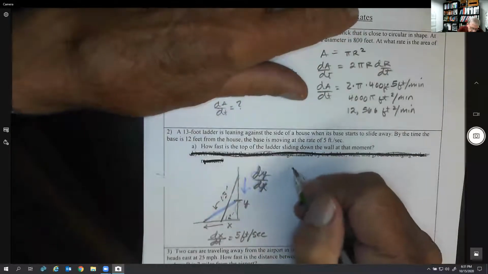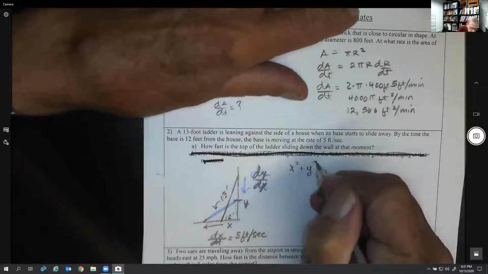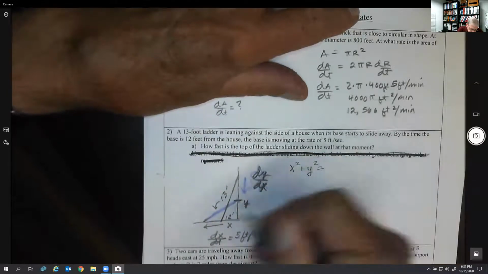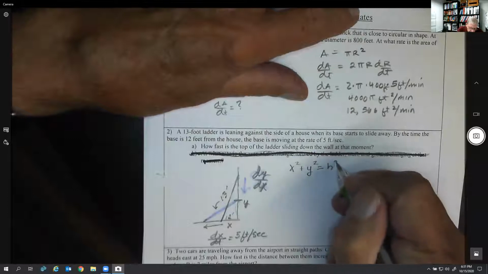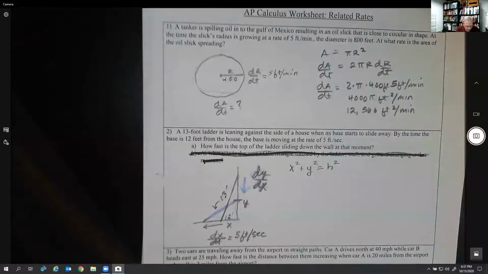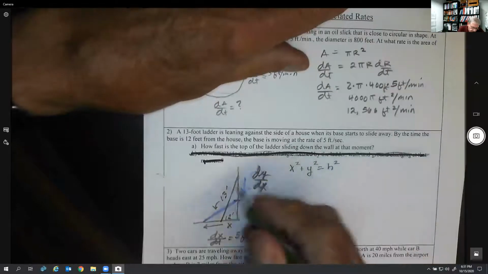So x squared plus y squared equals the length of the ladder squared, whatever you want to call it. We call it the length. I guess you could call it C. H for hypotenuse.